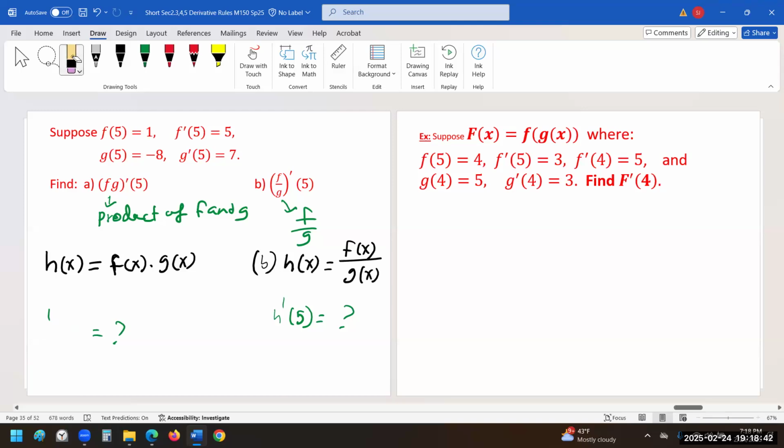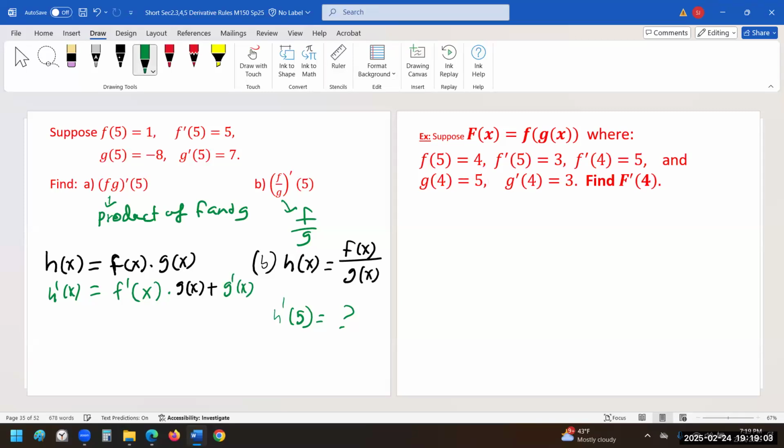Okay, so let's do them together real quick. h prime of x, it means you're using the product rule. Derivative of the first function, leave the second function alone, plus derivative of the second function, leave the first function alone. And they want us to evaluate that at x equals 5.